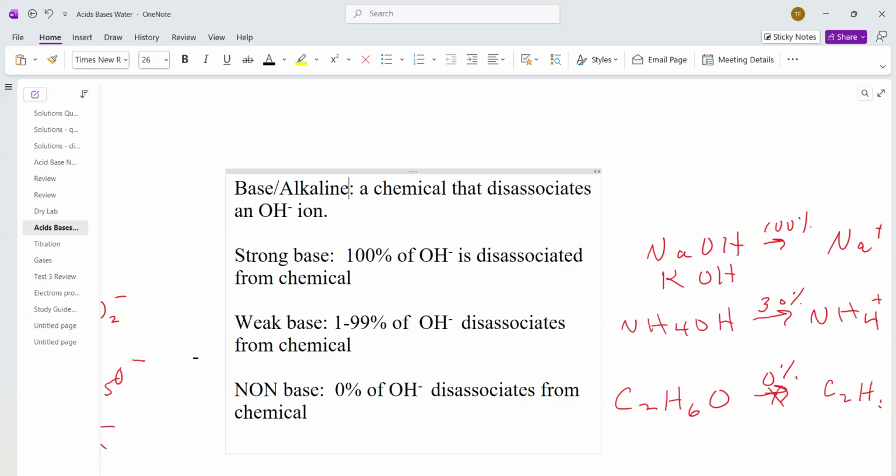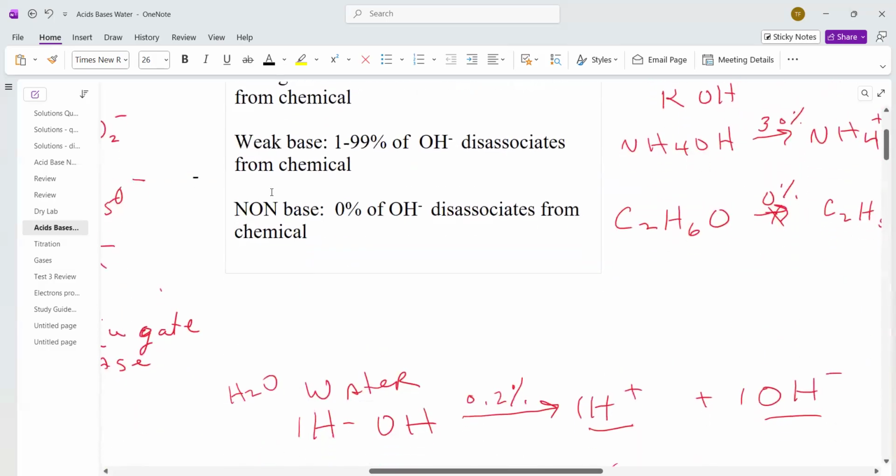The definition of a base is a chemical that dissociates a hydroxyl ion, an OH negative ion. So anything with an OH in it could be a base if it dissociates. If it doesn't dissociate, it's not a base.